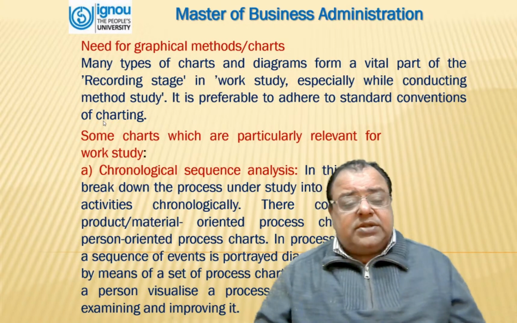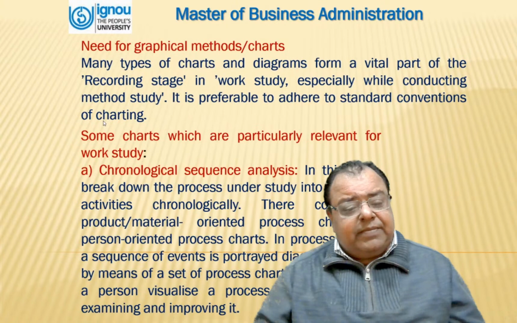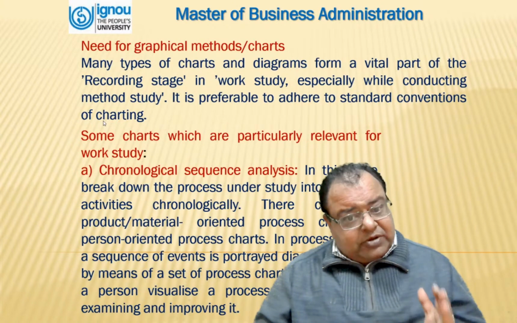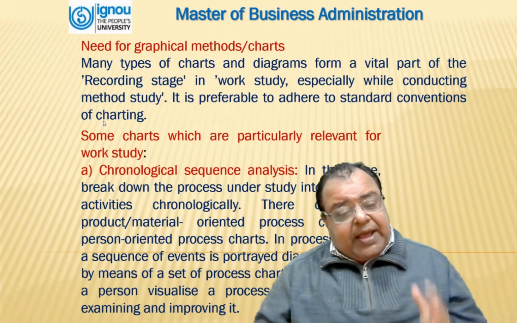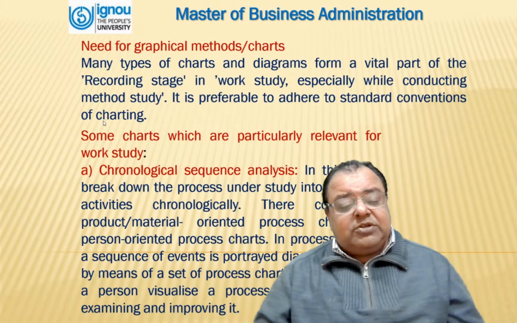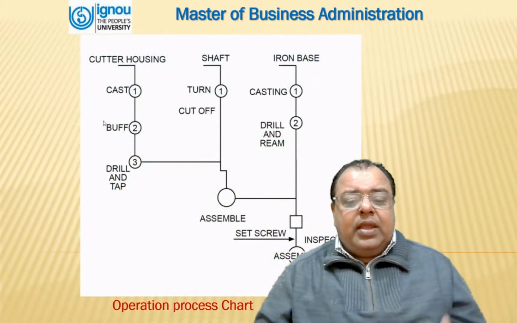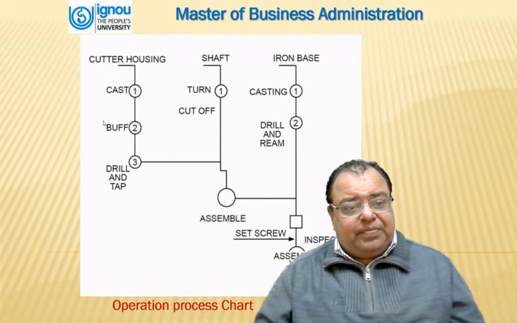In process charts, a sequence of events is portrayed diagrammatically by means of a set of process chart symbols to help a person visualize a process as a means of examining and improving it. Here we can see an operations process chart.